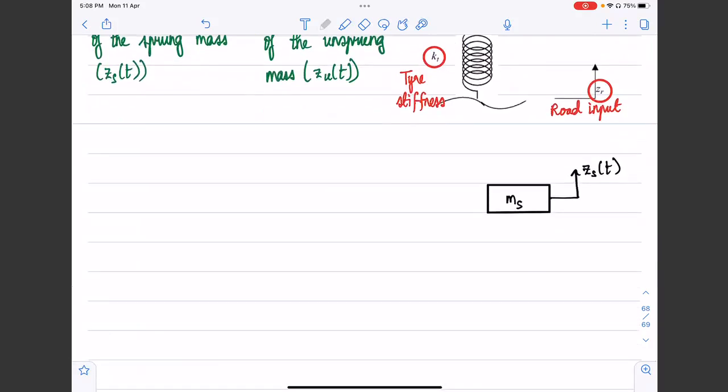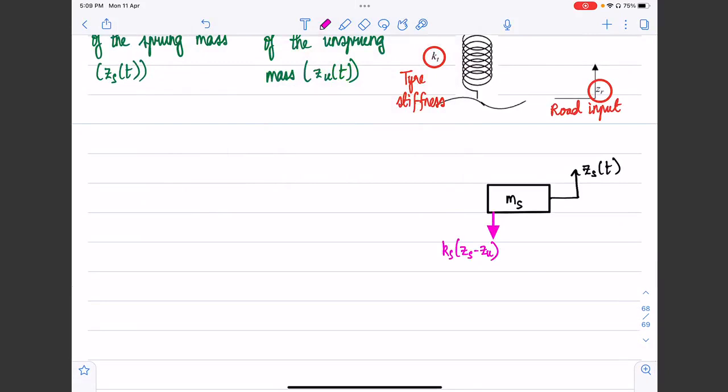If we go back to this and we want to draw the 3 forces, one force will be the restoring force due to the suspension spring. What will be the restoring force due to the suspension spring? It will be Ks times (Zs minus Zu). I'm suppressing the time parenthesis with the symbols for brevity.